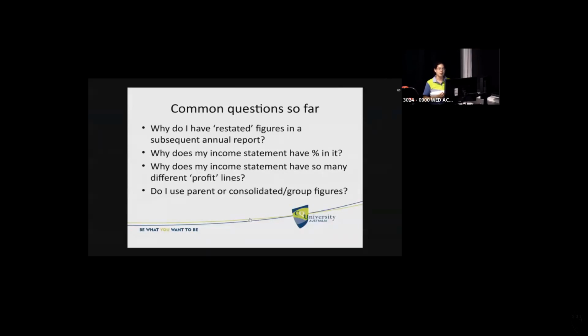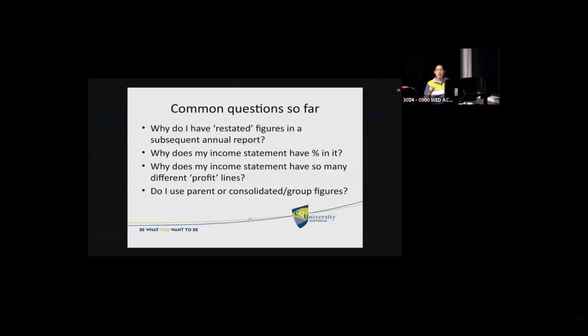So that's what the companies are calling restated figures. They've changed some sort of policy or underlying way that they have prepared this year's figures, then they have to go back and restate the previous year's or previous period's comparative figures using those same changes. Okay, so that the user of that report is able to compare apples with apples.